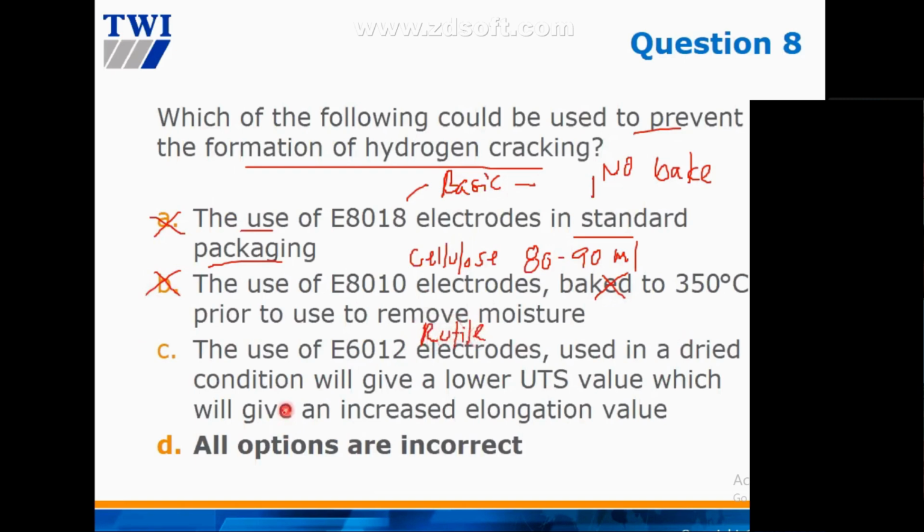Use in dry condition will give lower UTS value, which give increased elongation. That's also wrong, because rutile here got in between 20 to 30 milliliter per 100 grams. So that is wrong also. So D is the best answer. All options incorrect, because read carefully, it says prevent hydrogen crack. A, B, C cannot prevent the hydrogen crack. Okay?